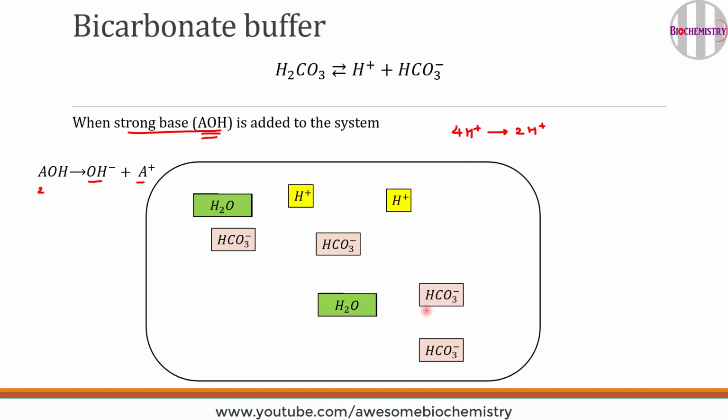But here we have the bicarbonate buffer system. So what happened is that hydrogen ion concentration is decreased by the addition of strong base. But as hydrogen ion concentration is decreased, this equilibrium is getting disturbed. So now more and more carbonic acid will dissociate into H plus and HCO3 minus.